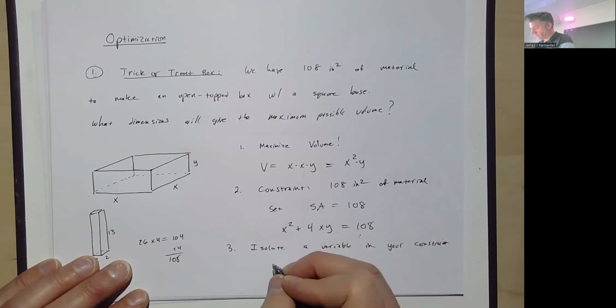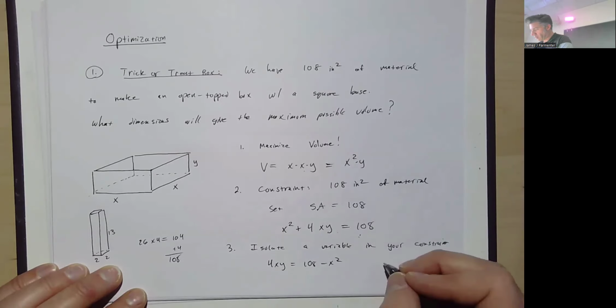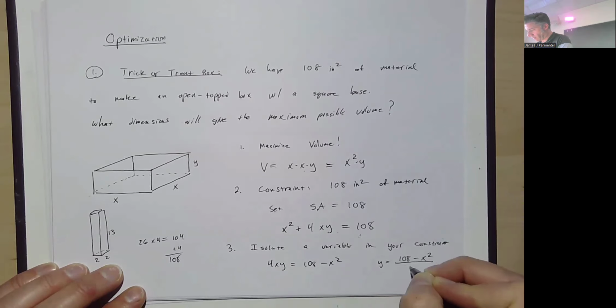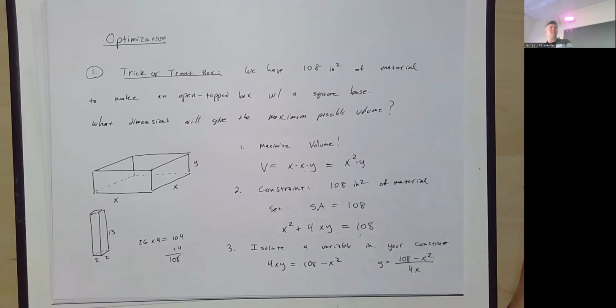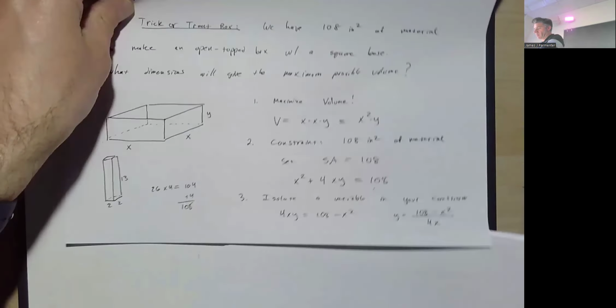So I'm going to say that 4xy equals 108 minus x squared, and then divide both sides by 4x to get y equal to (108 minus x squared) divided by 4x. It might be worthwhile to simplify this, but I'm going to wait until I plug it back in to see if simplifying is really necessary. So now we're going to plug that into the thing we want to maximize.